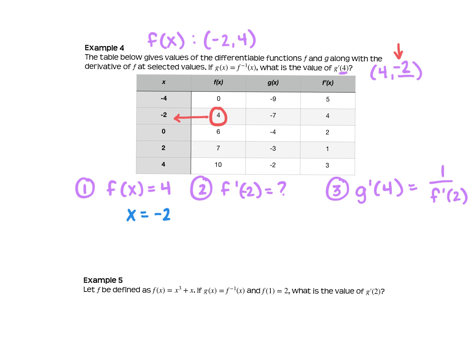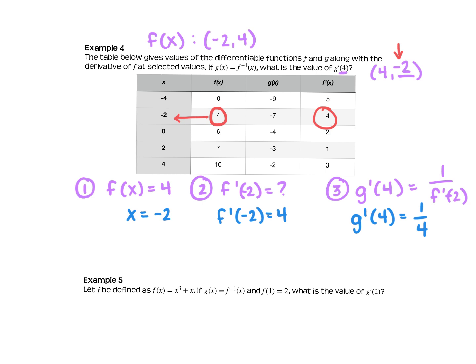This is a negative. I had it right up above, but sorry about that. f prime of -2 is this value right here. Oh, it's also 4, just to make that nice and confusing. So my f prime of -2 is 4, which I can fill in over here and say, all right, g prime of 4 is 1 over 4. It's the reciprocal of that derivative that I just found.